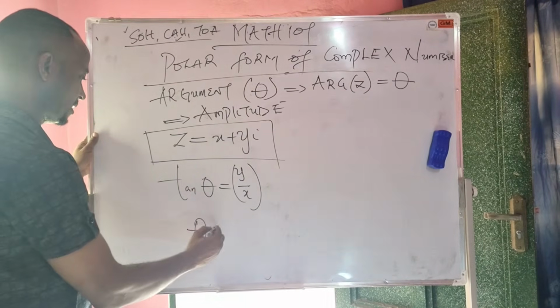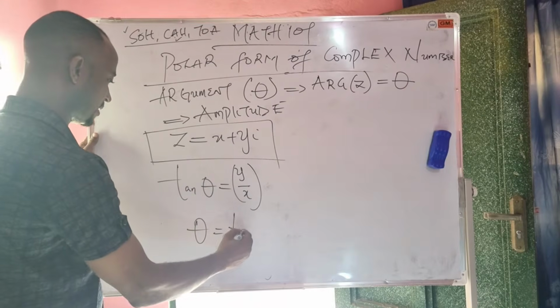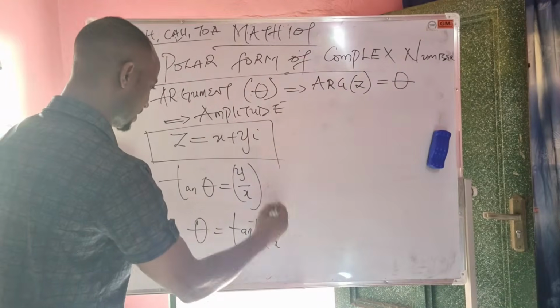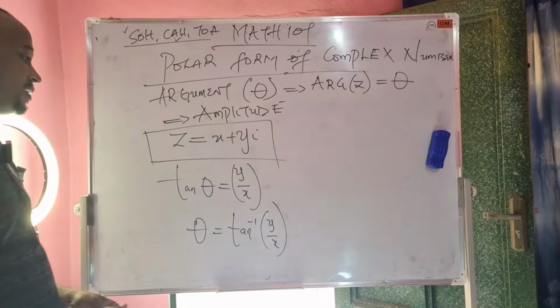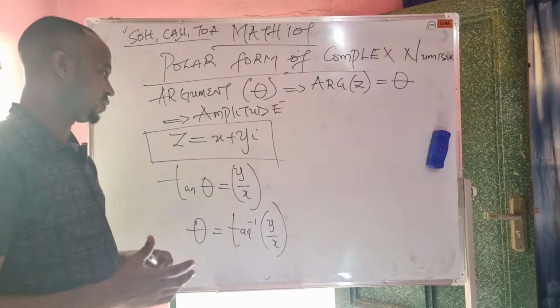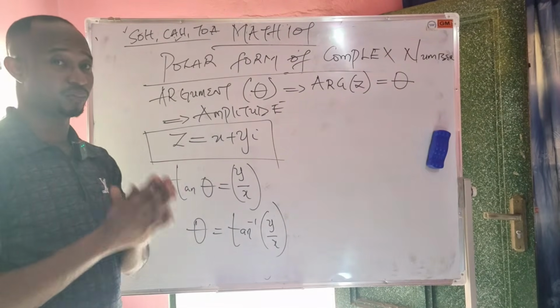Where theta is equal to tan inverse of y over x. Although we can use sine, we can use cos, when the values of x and y are both positive.